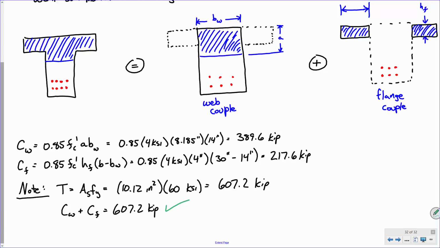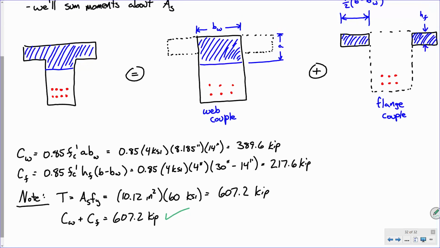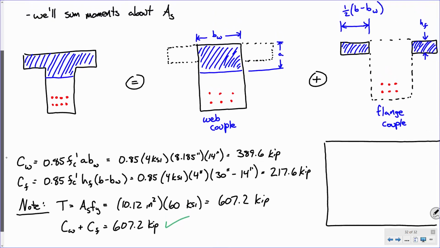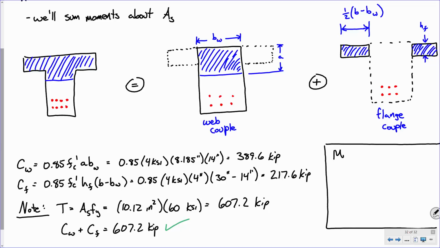Now, before we advance to the next slide, I do want to have a little discussion right here, and I might even box this in so that you all can see it separate from everything else. I'm going to call this moment arms. Remember, we're calculating a force times a distance, right?